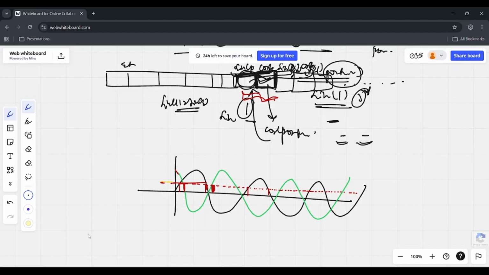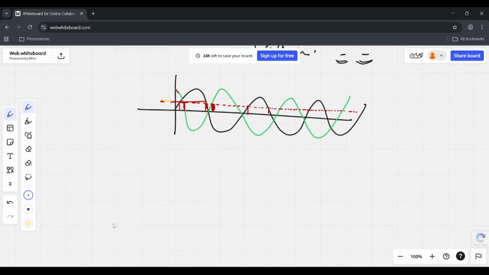Now in the self-attention model, in the Attention Is All You Need research paper, how they have used these pairs is that they have used an equation: PE of position, 2i equals sine of position divided by 10,000 to the power 2i by d model.